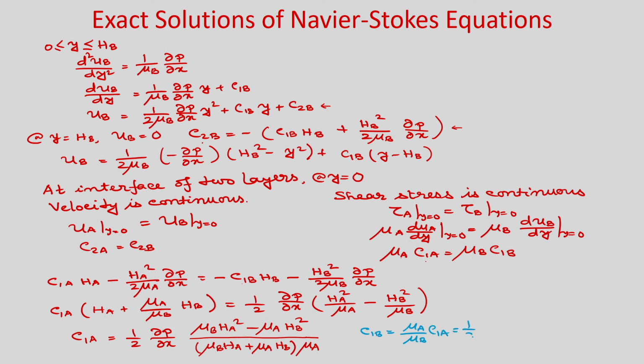So, you can write half del p by del x into mu b h a square minus mu a h b square divided by mu b h a plus mu a h b into mu b. Okay. So, now we have these two constants C 1 a and C 1 b, and if you put in the corresponding velocity distribution you will get the velocity distribution in two fluid layers.